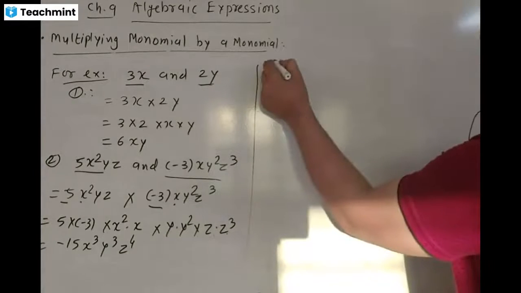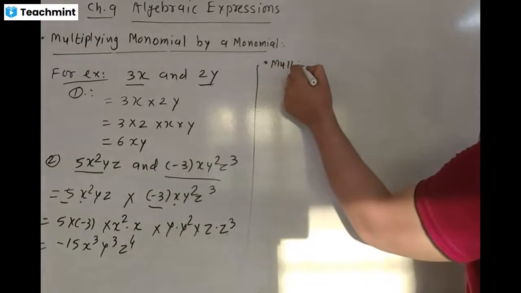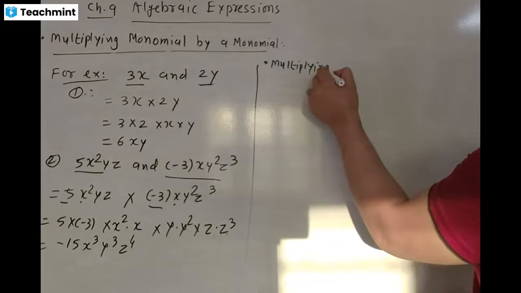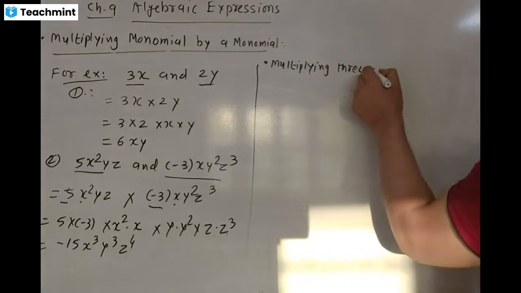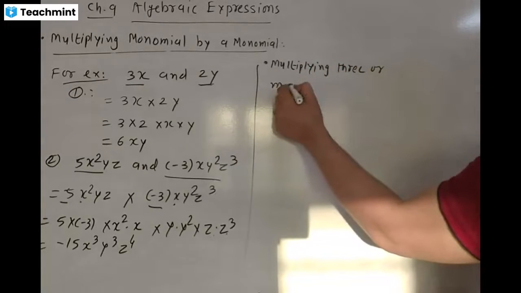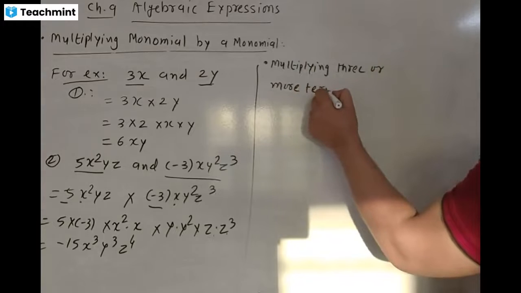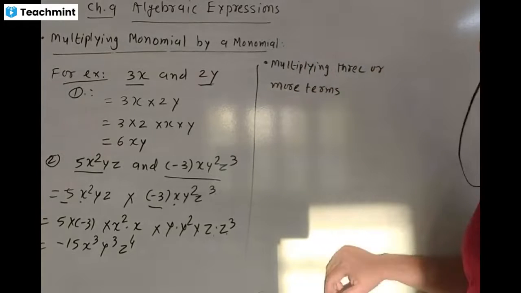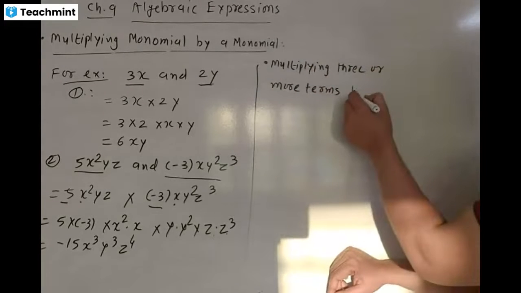Next topic is multiplying 3 or more terms, which means a polynomial by a monomial.